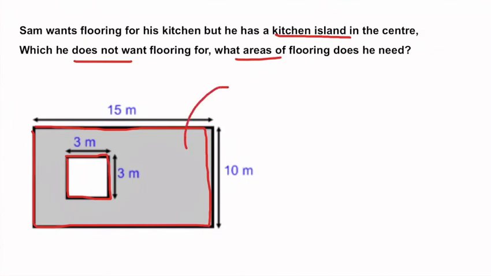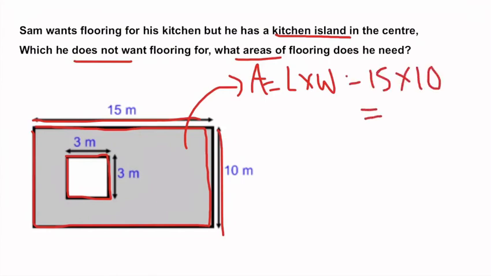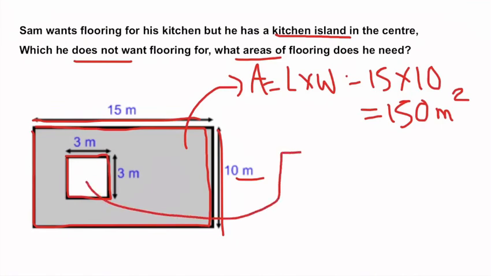So the area of our whole kitchen is once again length times width. The length of the whole kitchen is 15 meters by 10 meters. So that's 15 times 10, which we know is 150. And note that this time we have meters squared because we're working in meters this time. Then we're going to find the area of this island.